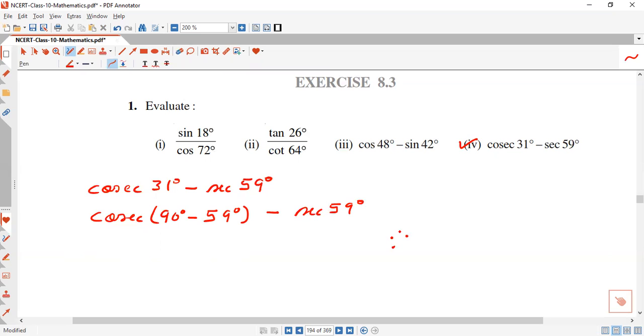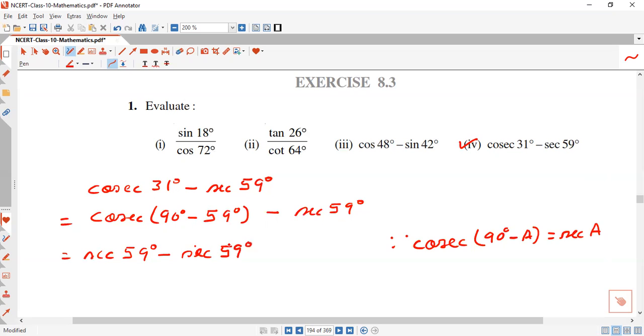Since you know very well, cosec of 90 degree minus A equals sec A. So using this formula, we write sec 59 degree minus sec 59 degree. This will come out 0. This is the answer of the fourth part.